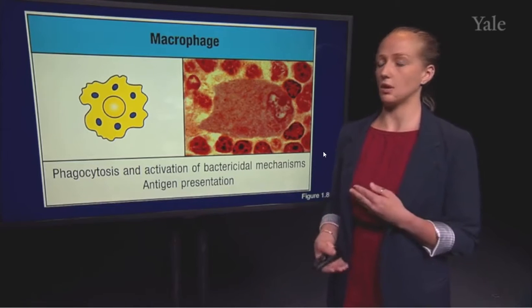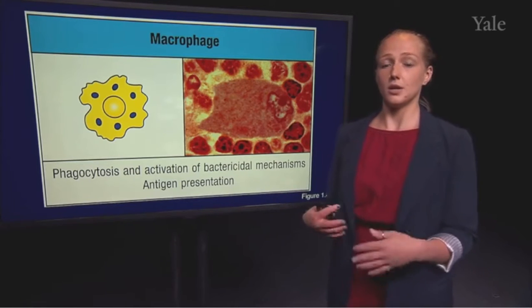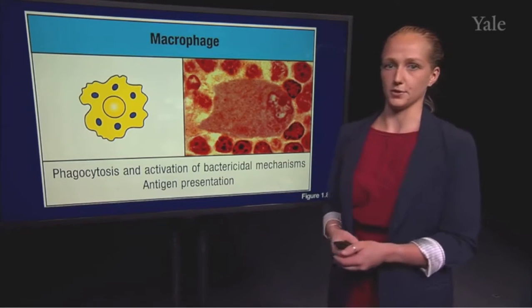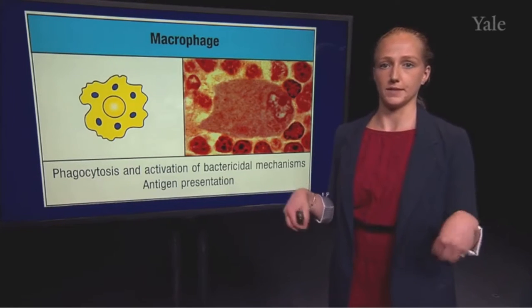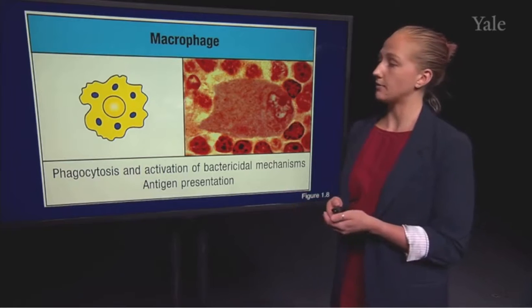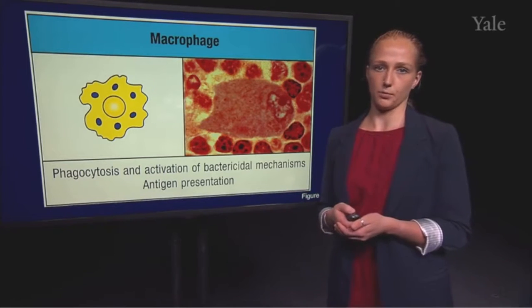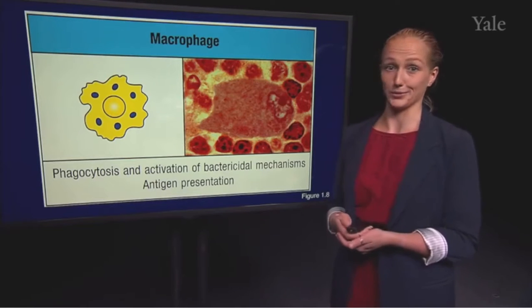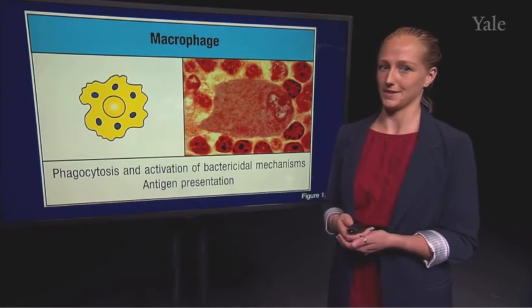They actually arise during embryonic development. So even when we're born, we have a variety of different macrophages which are resident to specific tissues. However, macrophages that develop from bone marrow-derived monocytes are also incredibly important in our immune responses.